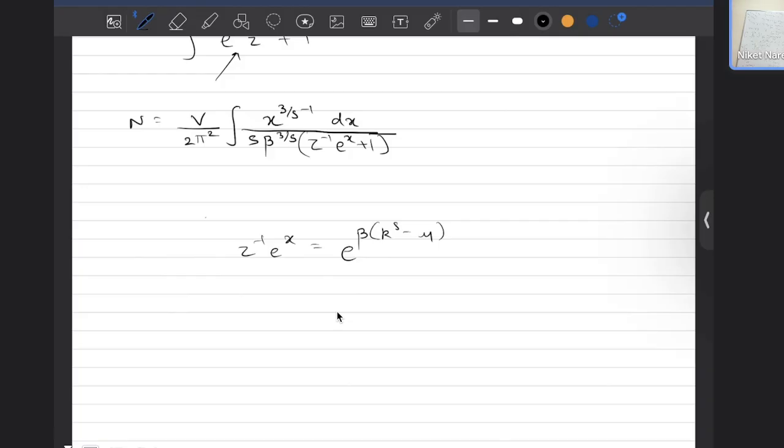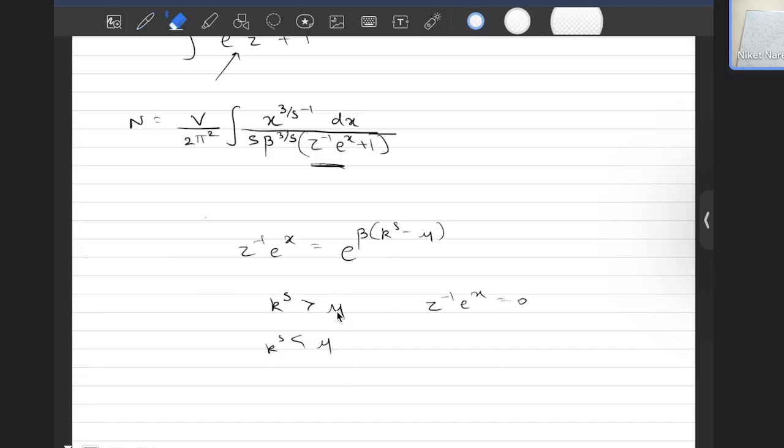That's what we have, right? Yeah. So till the time k power s is greater than mu, this term goes to 0. When ks is greater than mu, z inverse e power x is equal to 0. When k power s is less than mu, am I saying something opposite?